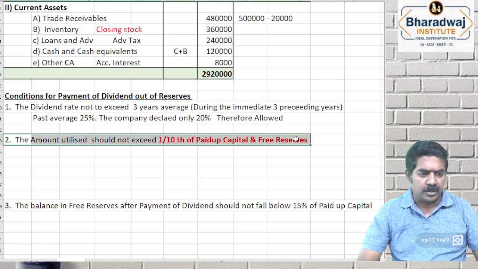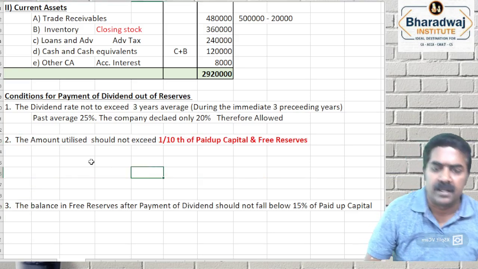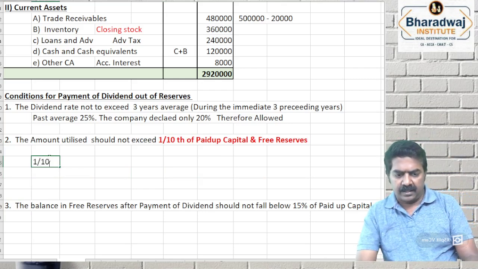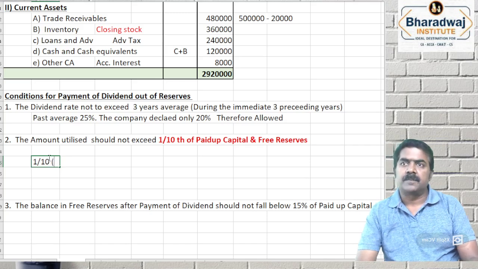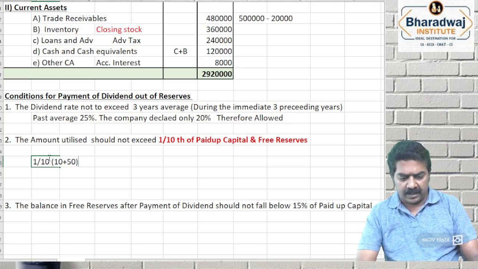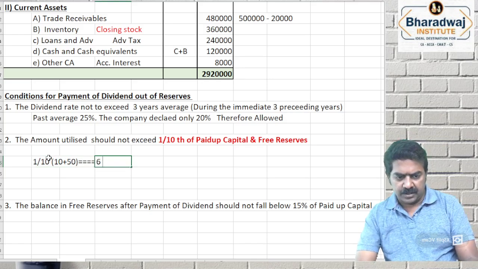The amount utilized should not exceed 1/10 of paid up capital and free reserves. So 1/10 of paid up capital, how much? Paid up capital 10 crore plus free reserves 50 crore, into 1/10. How much can we use? 6 crores can be used.